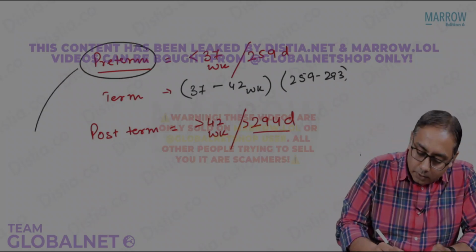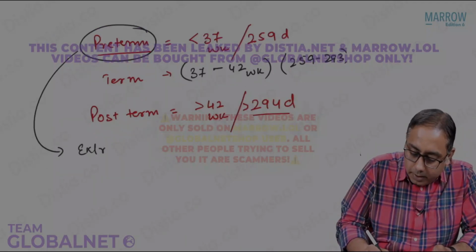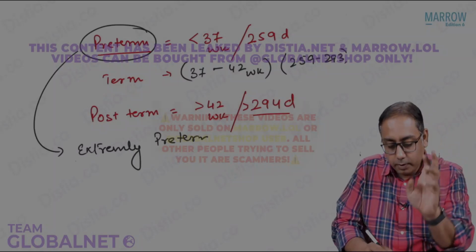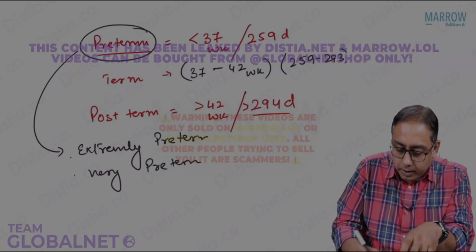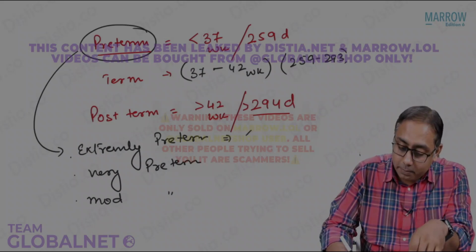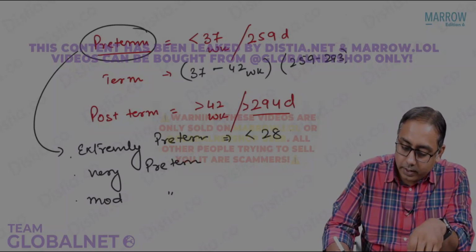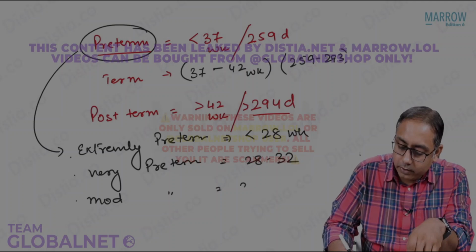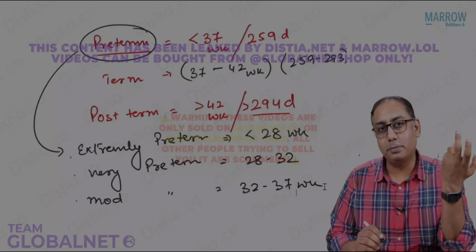Talking a little bit more about the preterm, it could further be classified into extremely preterm, very preterm, or moderate preterm. Extremely preterm is a baby who is less than 28 weeks of gestation, then very preterm is 28 till 32, and then you have 32 till 37 weeks of gestation, which is moderate preterm.